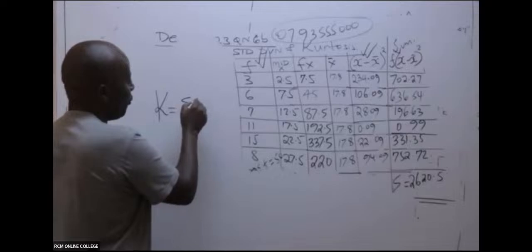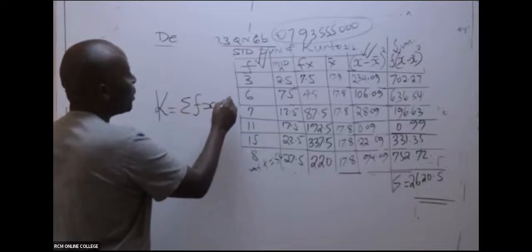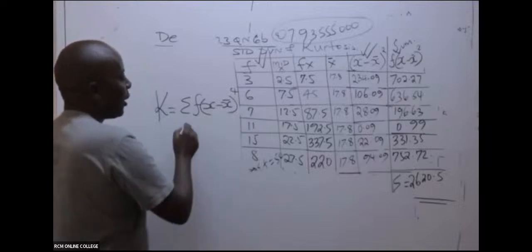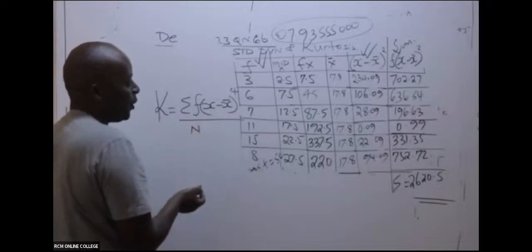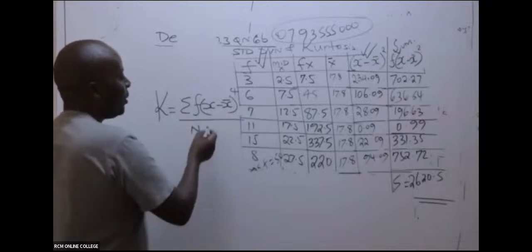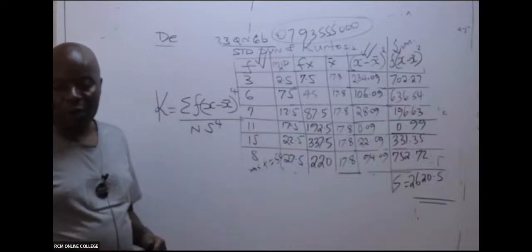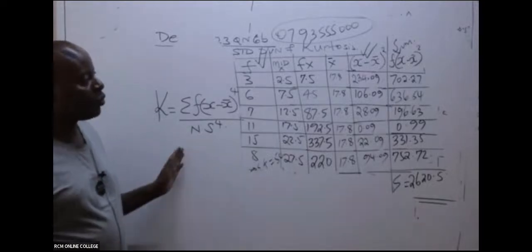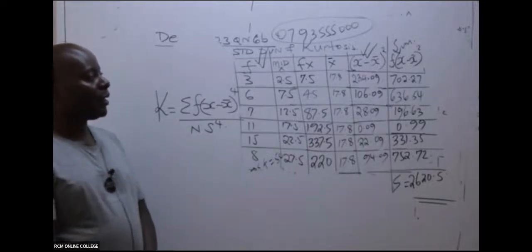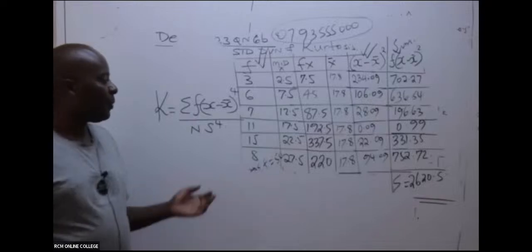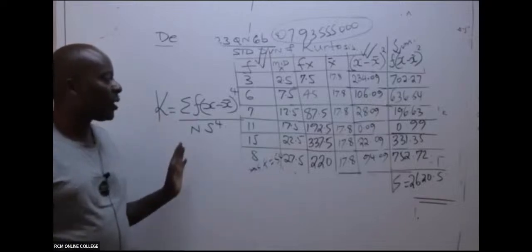It is the summation of frequencies times x minus x bar, but this time raised to the power 4, divided by n, the 50 students, times the standard deviation raised to 4. This is the formula we will be using. It is a very important formula, and it doesn't have a square root anywhere.